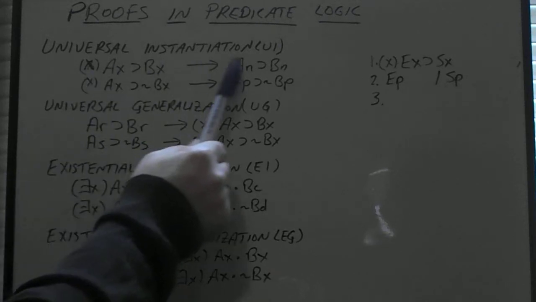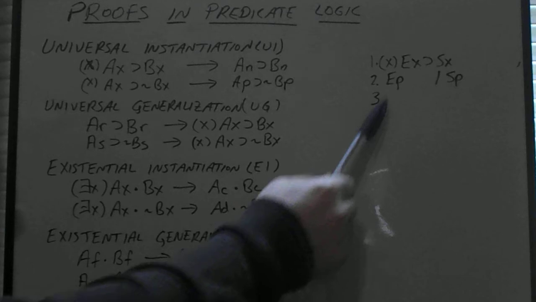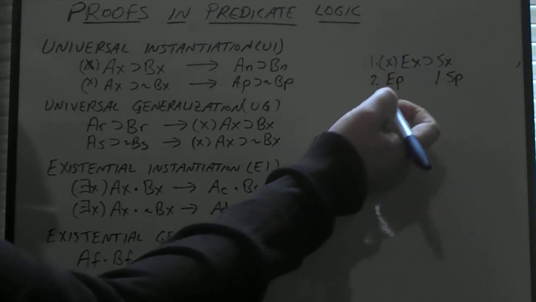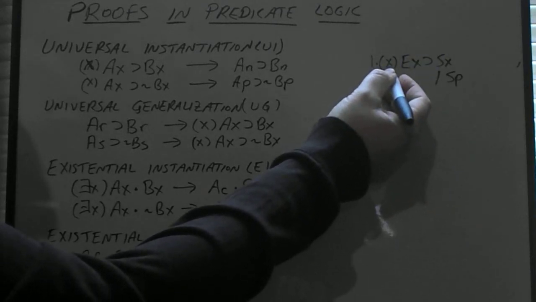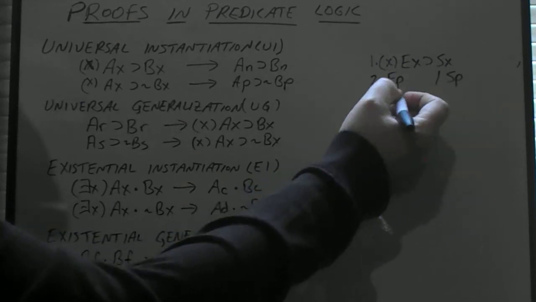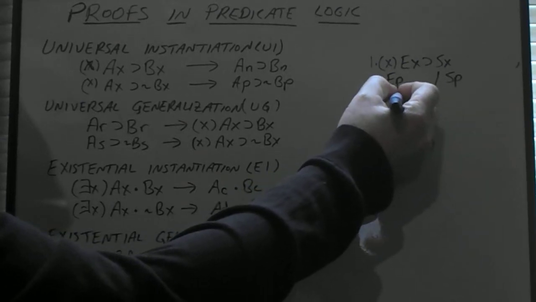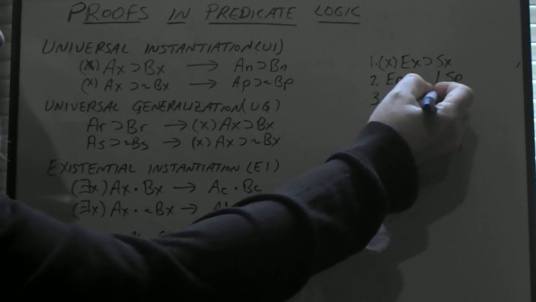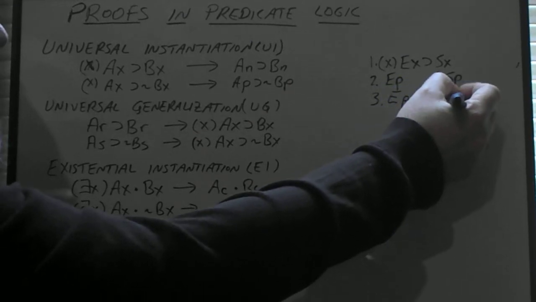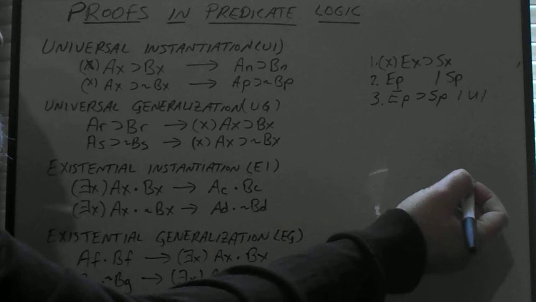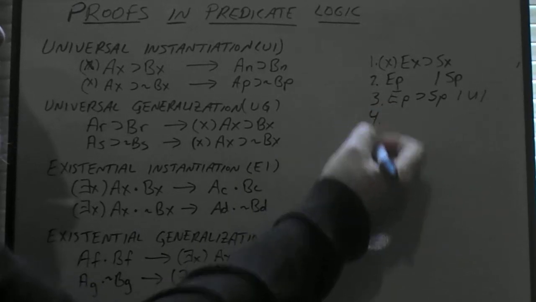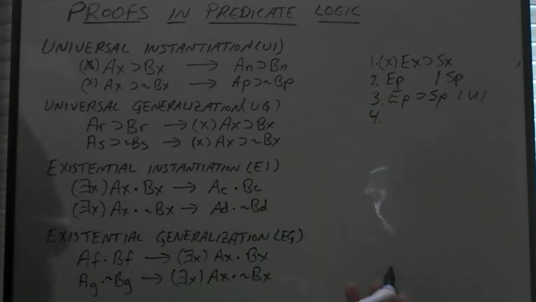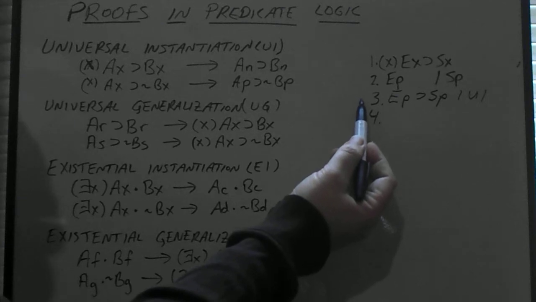So this is going to be made to look like that. So universal instantiation, I'm going to get rid of that universal quantifier, and I'm going to replace the x with a p. So we end up with Ep, then Sp, from line 1 through universal instantiation. And then we have a very simple modus ponens here.